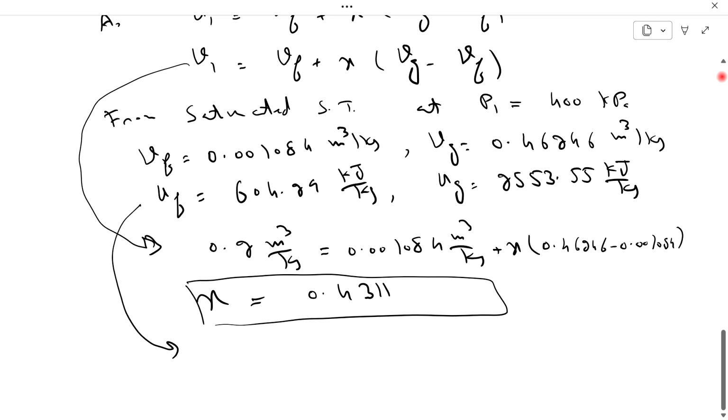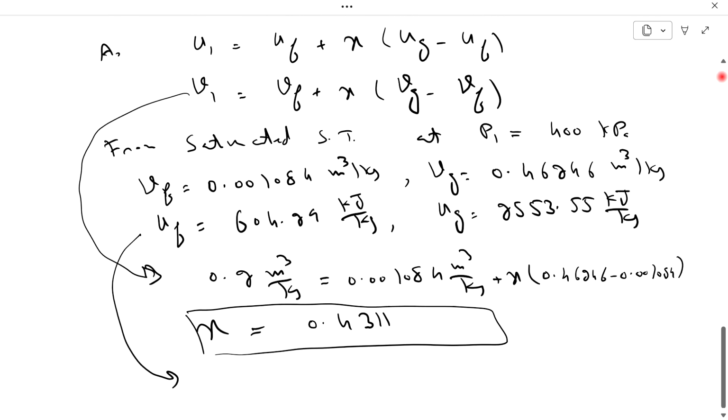Now we put the value in the equation of U1.